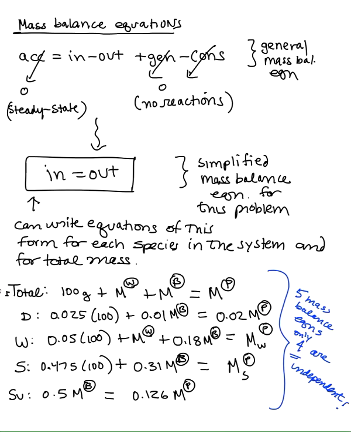Actually, let me do that in a different color. Okay, so we labeled the equations 1 through 5 in Roman numerals. So now we can refer to that in our plan.